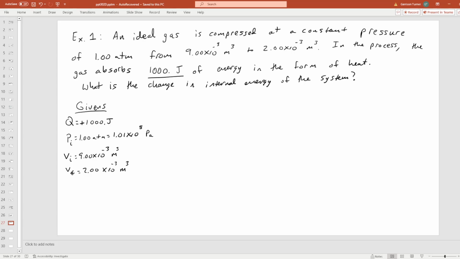But we are told there's another piece of information that we need that's not going to go into our givens as a variable or as a given quantity as an algebraic expression, but we are told this is an ideal gas.